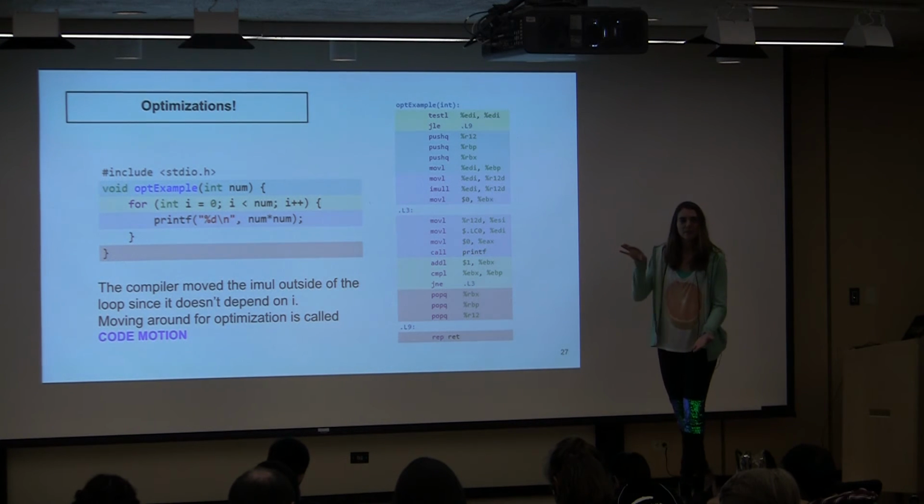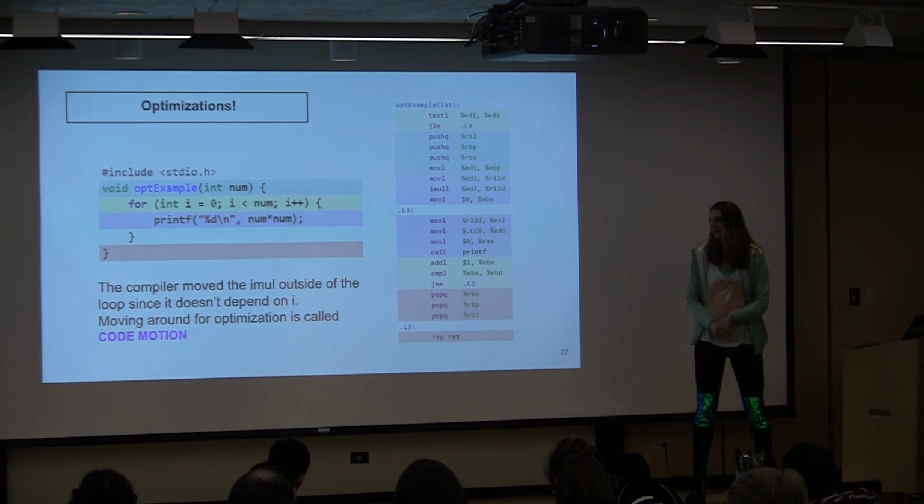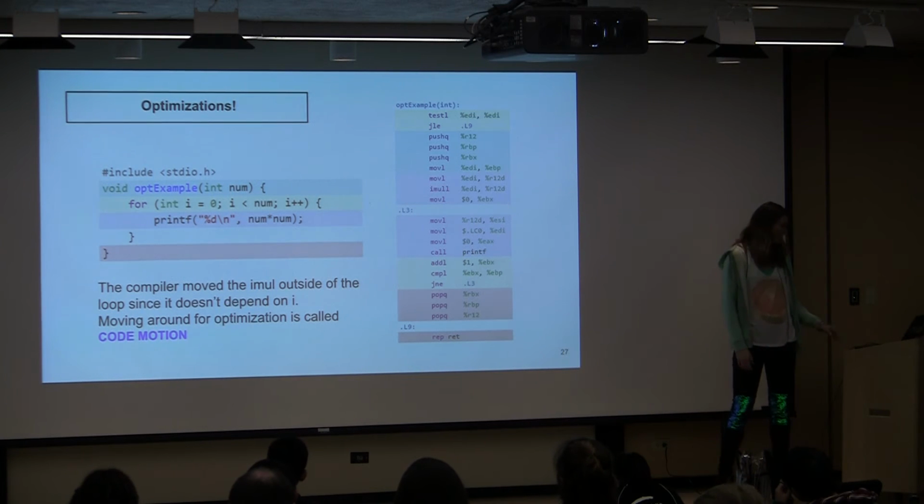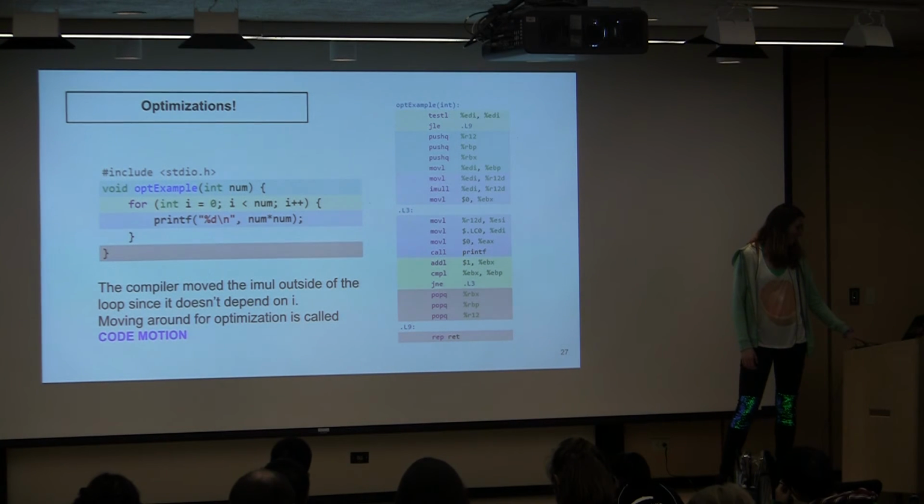Moving code to a more efficient place is called code motion. I feel like it sounds like a crappy company from the 90s or something. But it's literally just you move code, that's code motion.